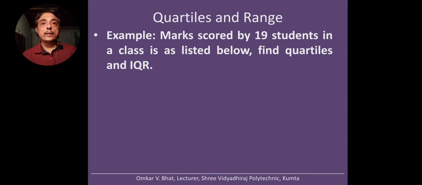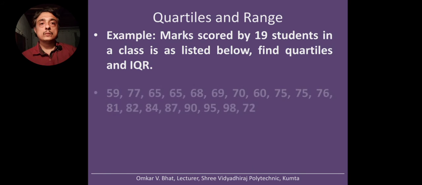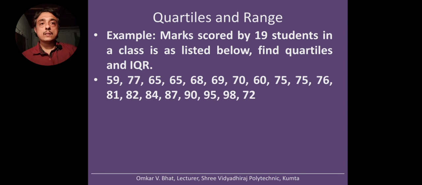Then let me give you one example to calculate quartiles and interquartile range. Marks scored by 19 students in a class is as listed below. Find quartiles and IQR. So these are the marks scored by 19 students in a class.